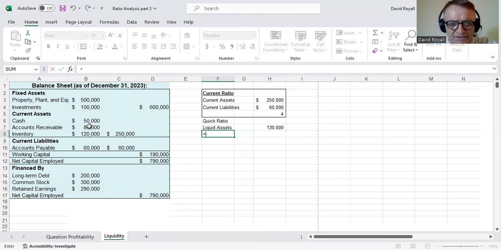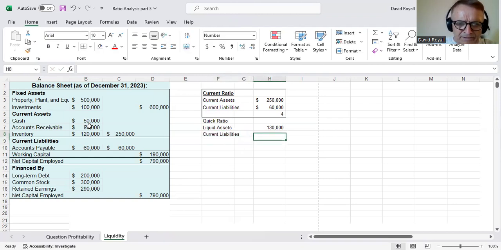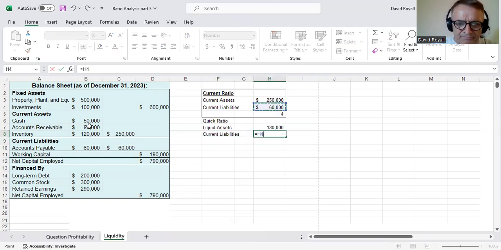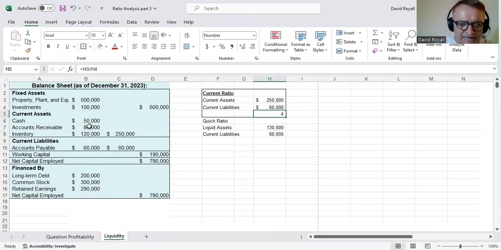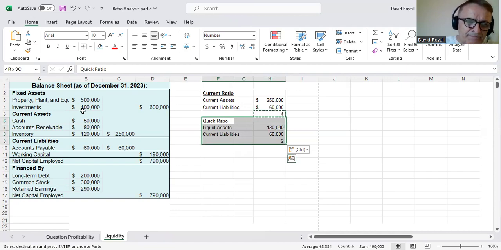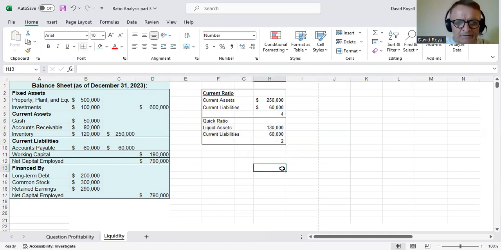Okay, well, the rest of it's exactly the same. You've got the current liabilities, and we've already worked that out. So all we do is apply exactly the same formula down here. And now we've got a ratio of 2. It's always going to be less because you've taken the stock out of the current assets.